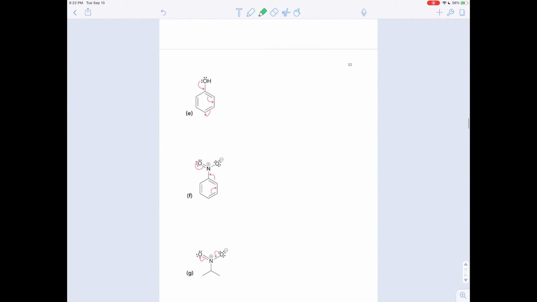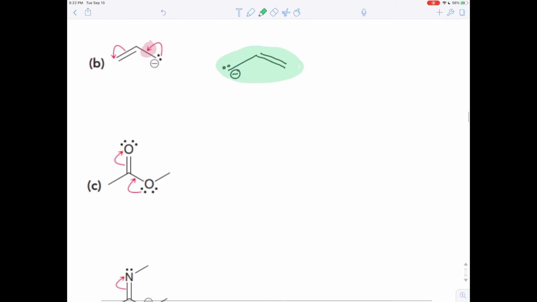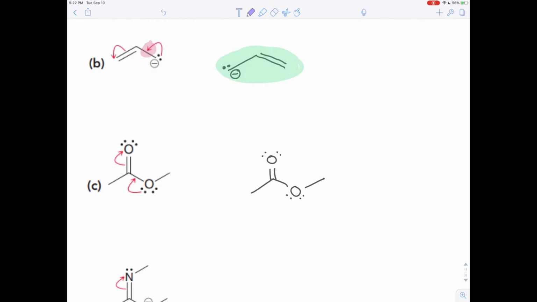Okay, let's try C. First step is to draw the molecule exactly as it is. Now here we want to draw in hydrogens, and really you only have to look at the hydrogens that are involved in the atoms around the curved arrows.